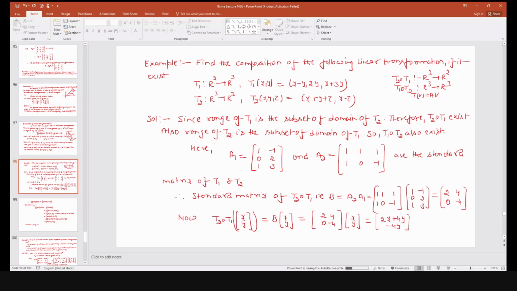So it will be x1 plus y1 plus z1, that is 2x plus 4y, and the second component in T2 is x minus z. So in this case it is x1 minus z1. So that will be minus 4y. So by definition you will get the same vector here.